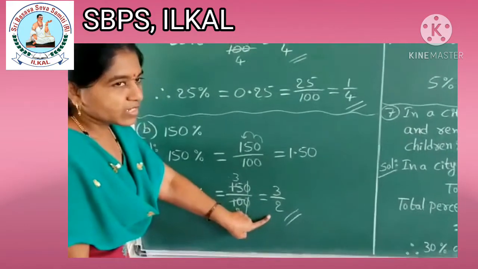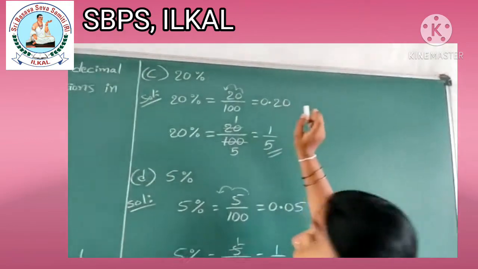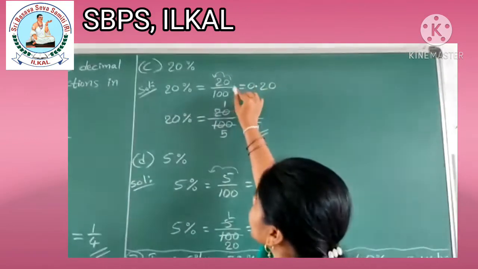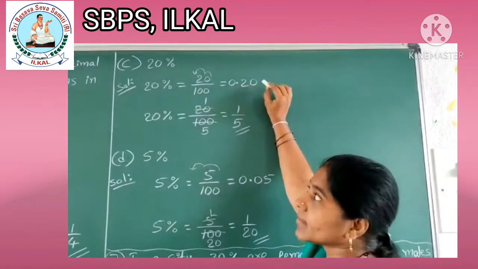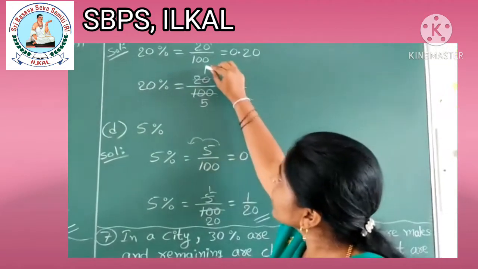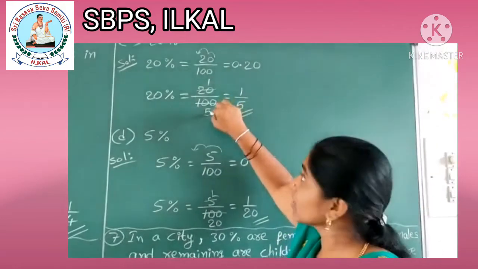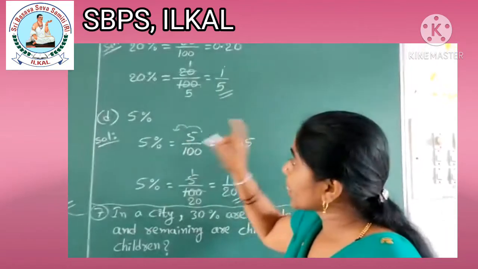It is in the simplest form. Next one, 20%. 20 by 100, two places if you shift it towards left, 0.20 it will become. 20% is equal to 20 by 100. 20 ones are 20, 20 fives are 100, children. 1 by 5 will remain. It is in the simplest form.